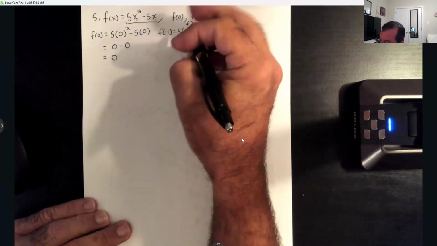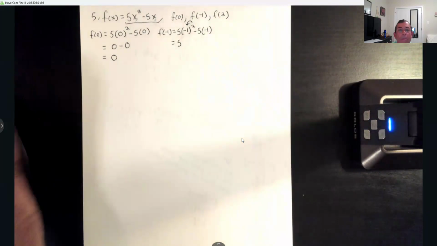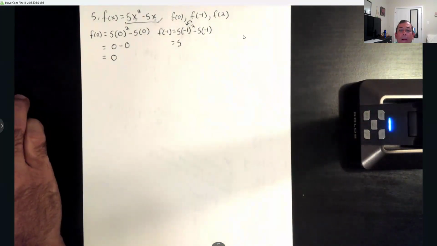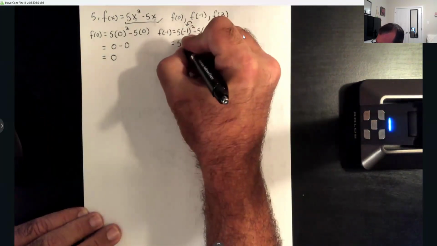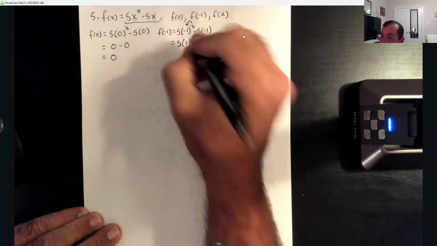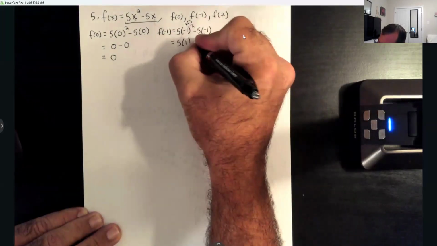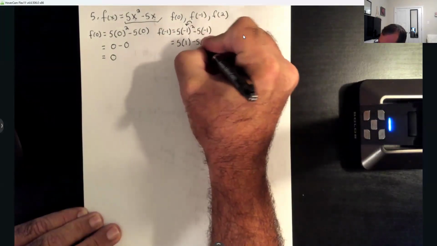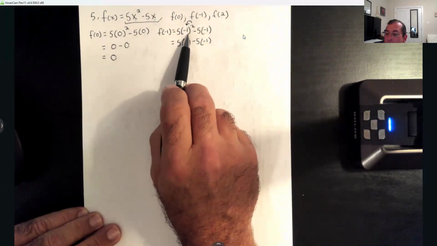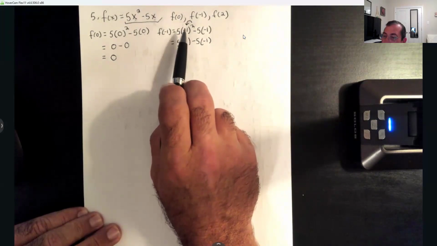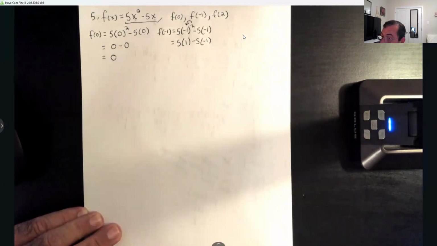Bring down the 5. -1 squared, a negative times a negative makes that a +1. Then I'm just bringing everything else down. All I did on that step was square that -1. Remember, any number you square will be positive.